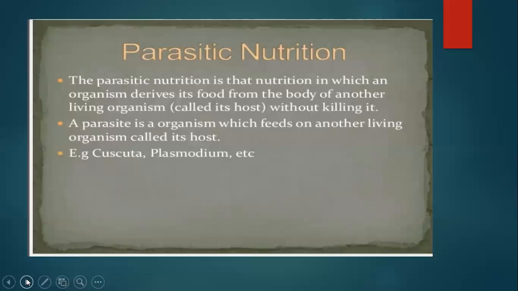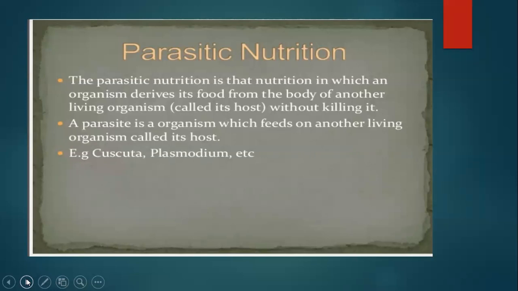So this is also one of the dependent types of nutrition, like saprophytic nutrition, isn't it? In saprophytic nutrition, the organism depends on dead matter or decaying matter. Those are not living matter.